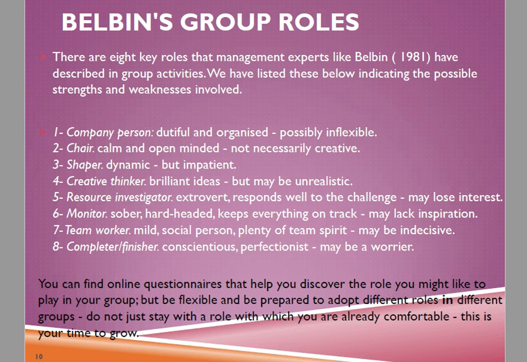So that's the first part. Chair, calm and open-minded, not necessarily creative. So when you become calm, a little bit open-minded, you can share your thought with others without any problem. Shaper, it means dynamic but impatient.